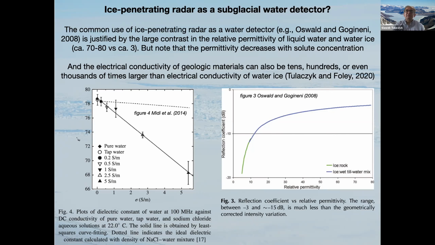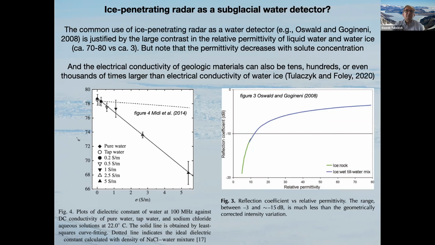Another brief note on the permittivity of liquid water, especially in relation to brines: on Mars, the only way you could have a bubble of liquid beneath the ice cap, due to the very low temperatures, is if it were very, very saline. We're talking about very highly concentrated brines.